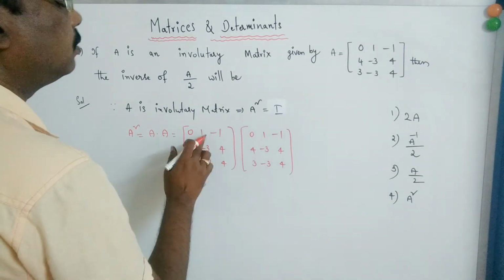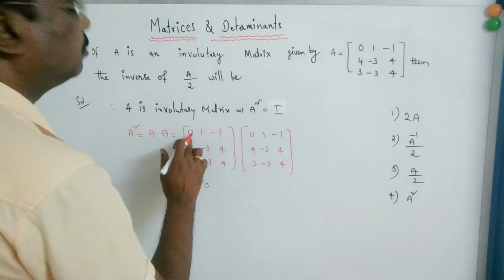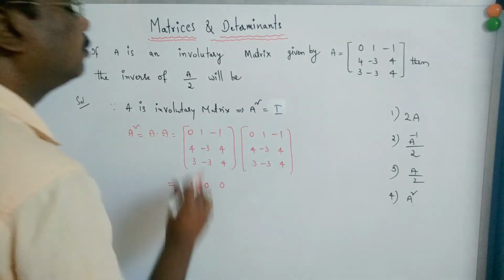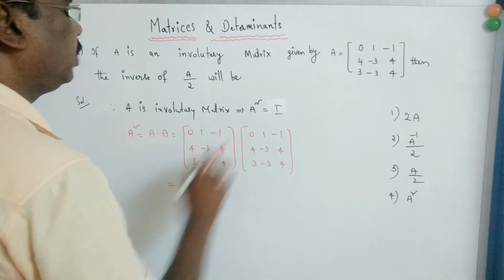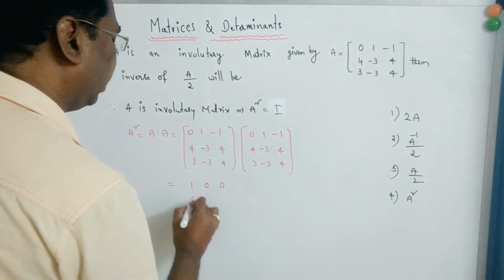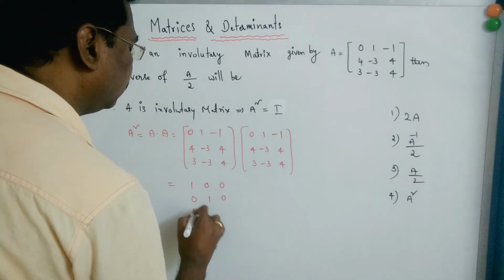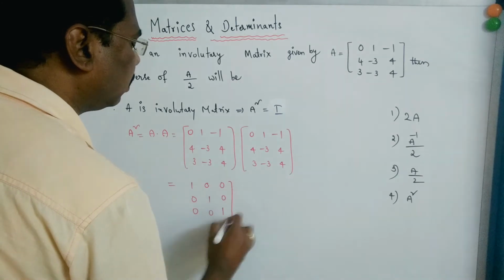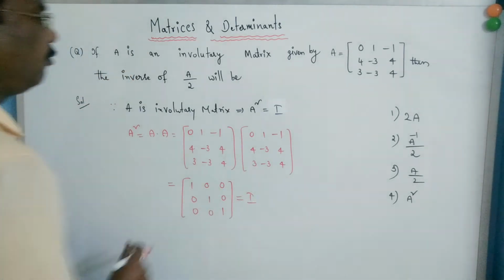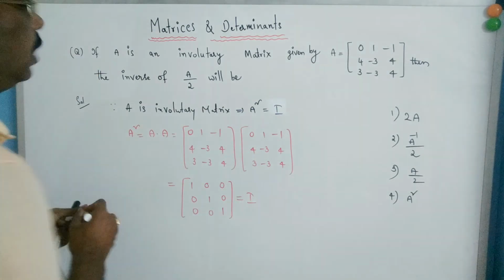Okay, now 0, minus 3, plus 3. Now here 0. Okay, 0, plus 4, minus 4, 0. Okay, now 4 into 0, 0, minus 12, plus 12, and here also 0. Now 1, 0, 0, 0, 1 is equal to I. Therefore, A is involutory matrix means A square equal to I.